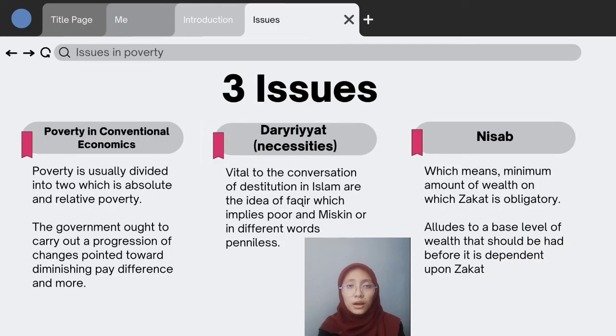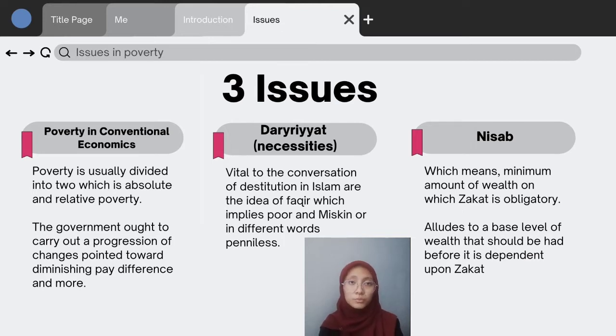So, there are three issues that I want to explain. First, poverty in conventional economics. Poverty is usually divided into two, absolute and relative poverty. Absolute poverty is a condition characterized by severe deprivation of basic human needs, including food, safe drinking water, shelter, and education.